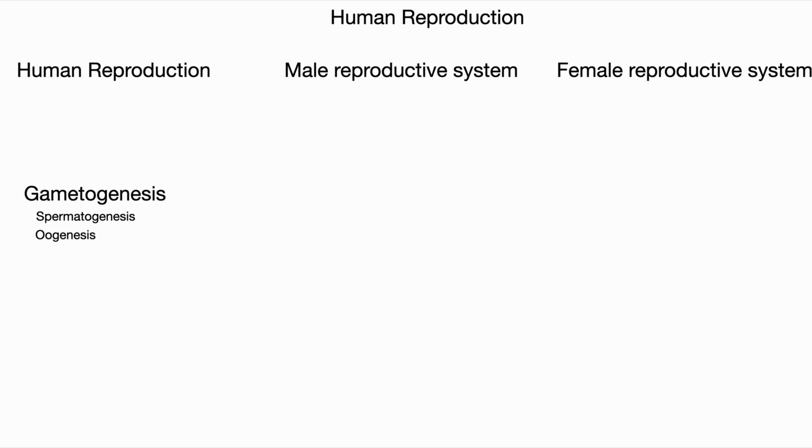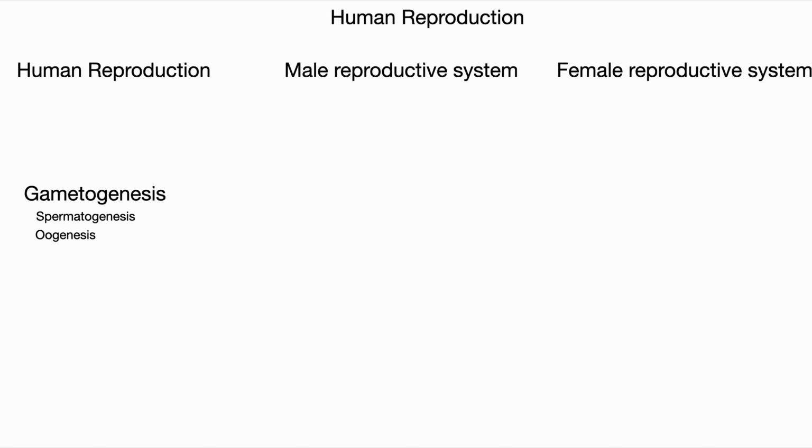Now, I have told you about the seminal plasma. Seminal plasma is produced by the secretions from seminal vesicles, bulbourethral glands, and prostate glands. That seminal plasma, along with the sperms, constitutes the semen. So semen is seminal plasma plus sperm.